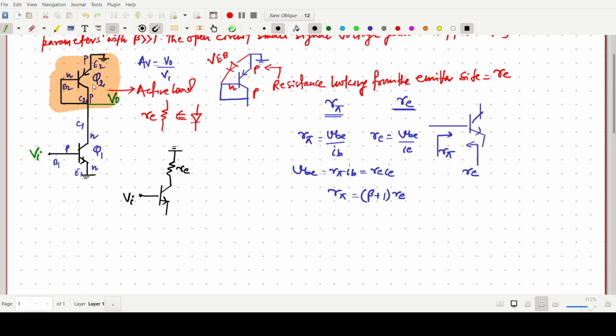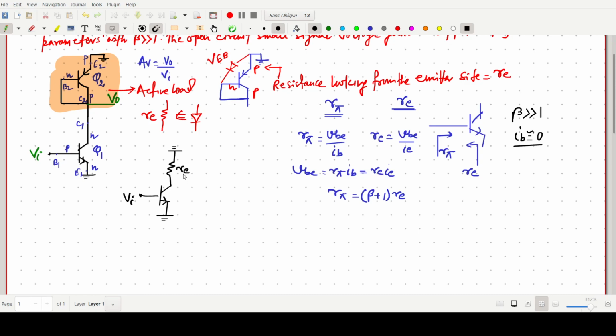The resistance looking from that side will be RE, and IB will be 0, because beta is much greater than 1, so the base current is nearly 0 and there is no role of R pi. In such cases we just write the small signal equivalent of this diode-based circuit as simply the RE resistance. So now this is the final circuit.